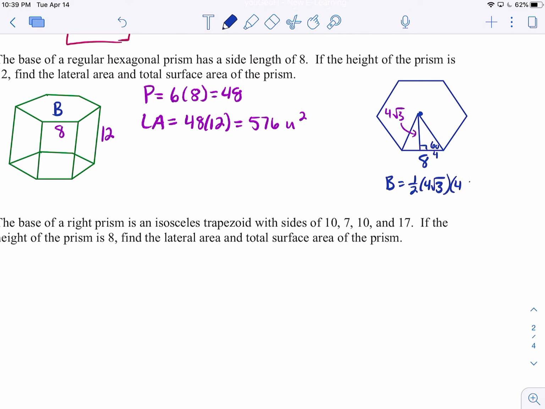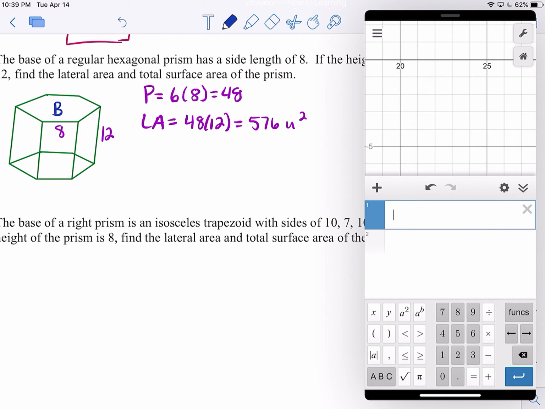So the perimeter is 48. And so then multiply that, the 4 root 3 times 48, divide by 2. That would make this 96 root 3. Just double check that because it's kind of late for it. Yeah, 96 root 3. Awesome.